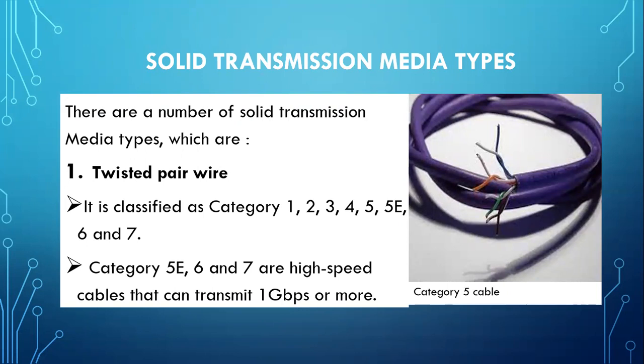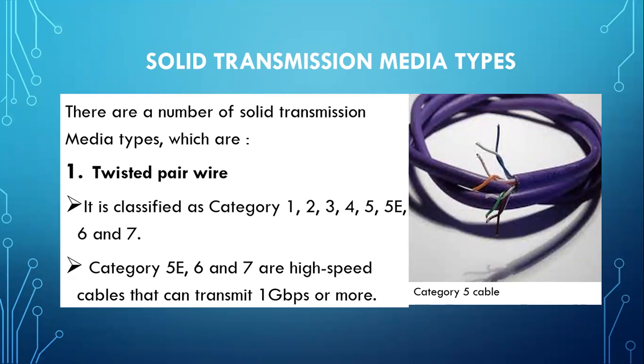The first one is the twisted pair wire. As you can see, there's just an illustration, a simple example of a twisted pair wire, specifically a category 5 cable. The twisted pair wire is classified according to various categories, such as category 1, 2, 3, 4, 5, 5E, 6, and 7.